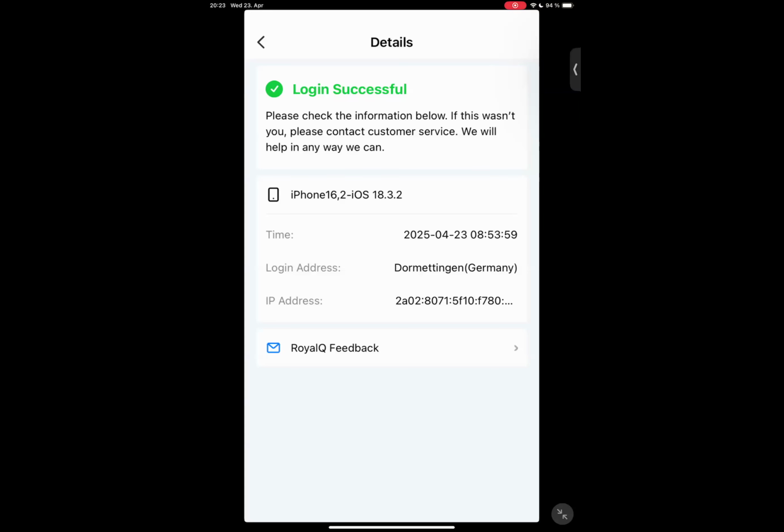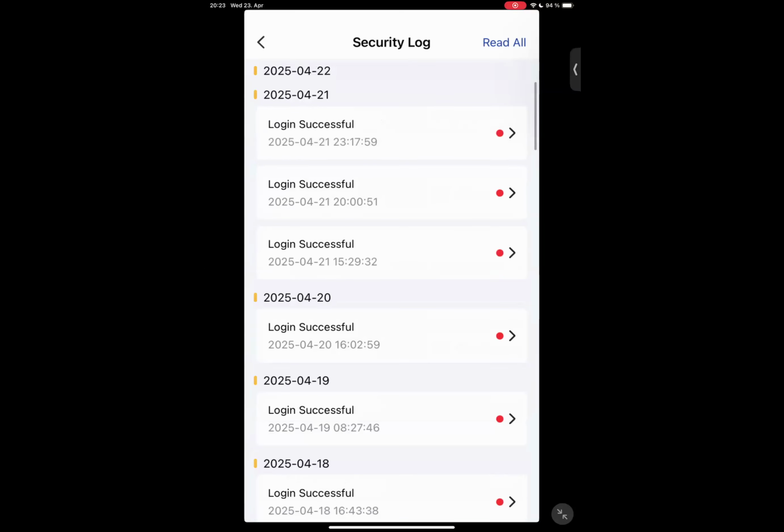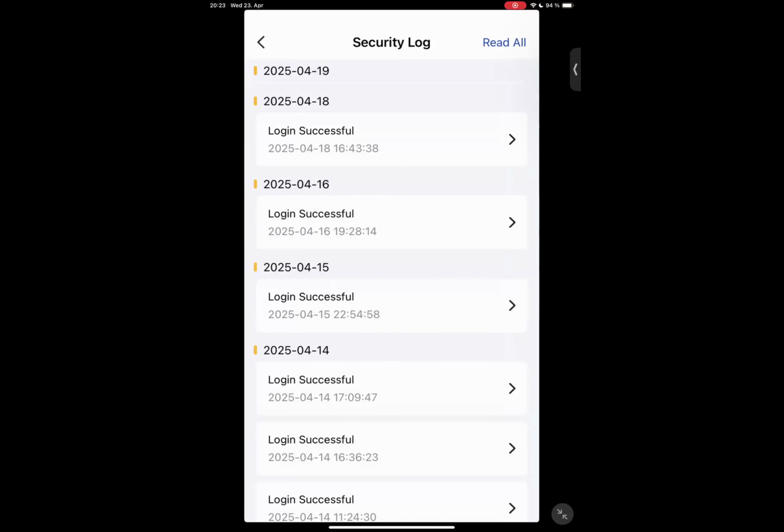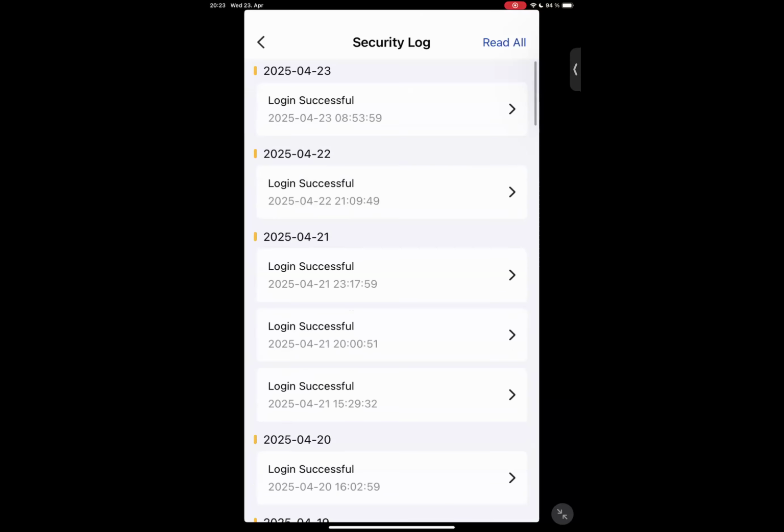So if you are not using a particular device and you notice that that device has been logging in, you have to report it and change your credentials. These are all on read. I've not opened them, so you just tap on read all, then everything will clear. If I change location, say I move from Germany to Ghana on a short visit, I will not see login successful.